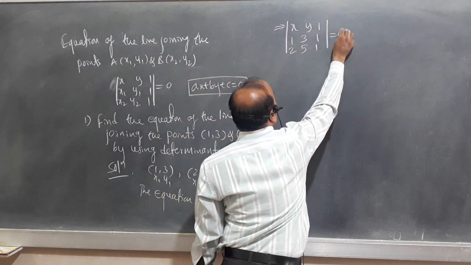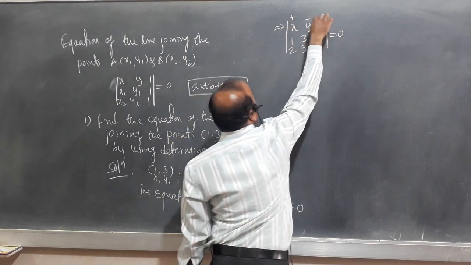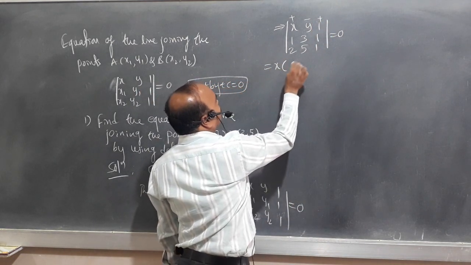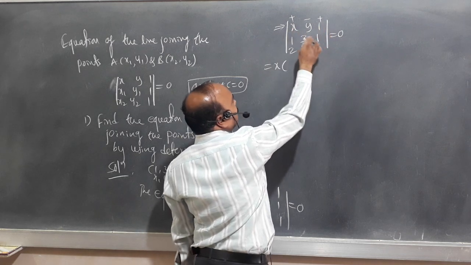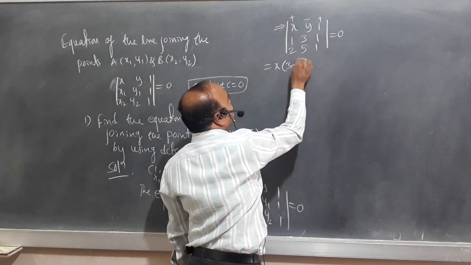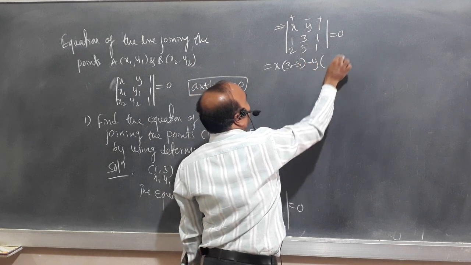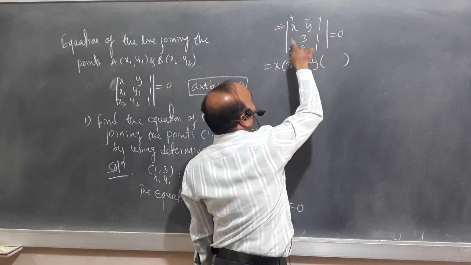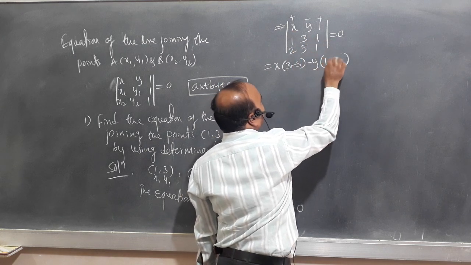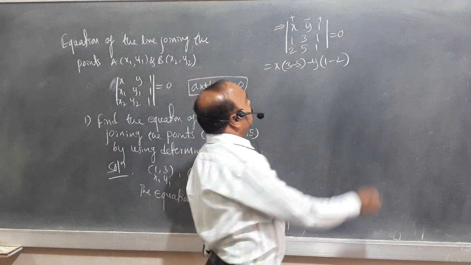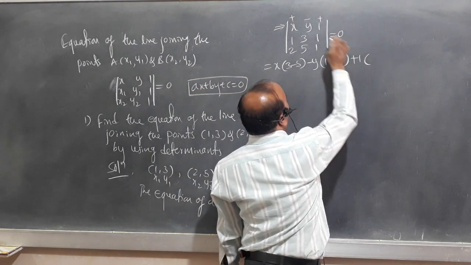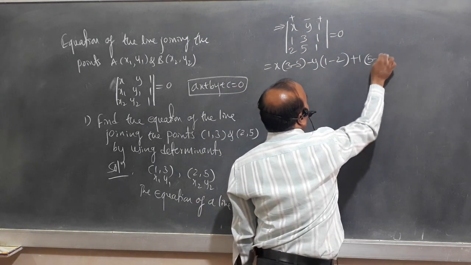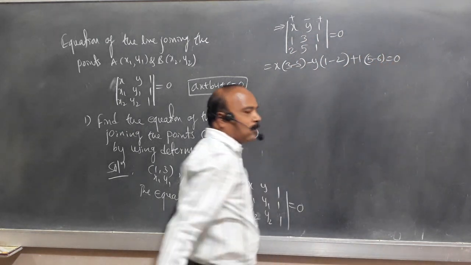Again we go for expansion, with signs plus, minus, plus. Now we get x into, deleting this column and row, 3 minus 5, minus y into, deleting this column and this row, 1 minus 2. Next plus 1 into, deleting this column and this row, 5 minus 6, equal to 0.